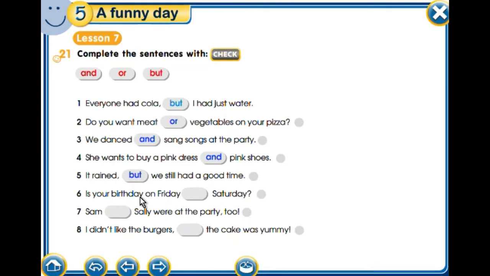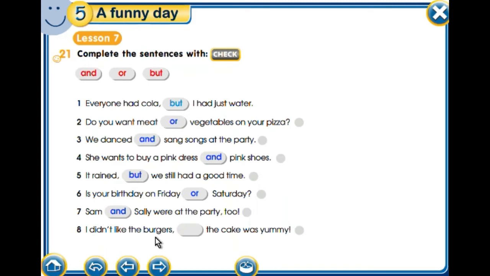Is your birthday on Friday? I don't know. Is it on Friday or Saturday? Friday or Saturday. Sam and Sally. Here we have two people, so we should use and. Sam and Sally were at the party too.